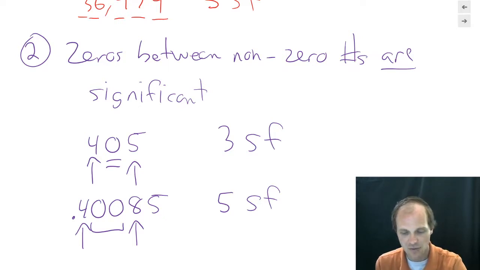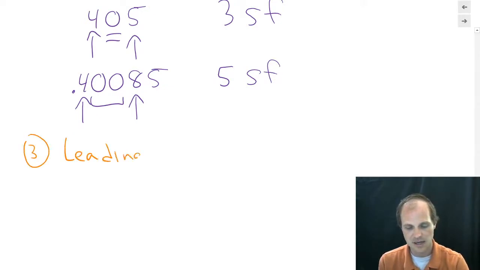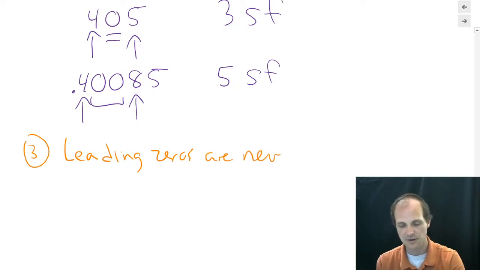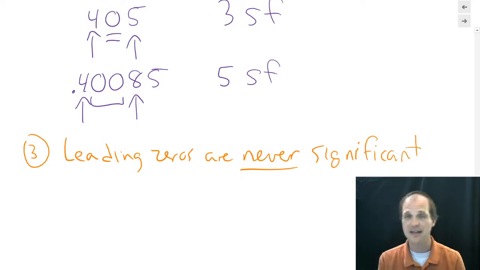So there are more rules with regards to zeros because there's two cases we haven't considered. What about leading zeros? Leading zeros are never significant. And again, significant and important, two different things. They are never significant, but yes, they are important.